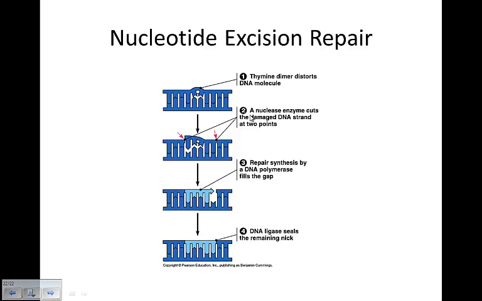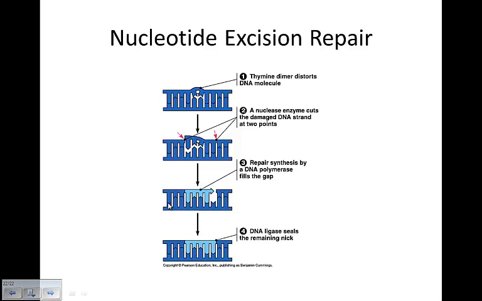So if there's a wrong nucleotide, then the DNA polymerase is going to reverse the spot, remove the wrong nucleotide. So it's going to back it up. It's going to remove this and then replace it with the correct one. It's kind of like if you misspell a word when you're typing, and then you just go back and you fix it.